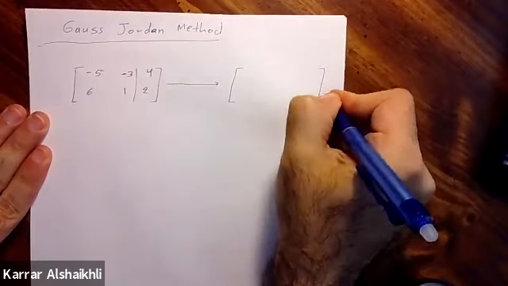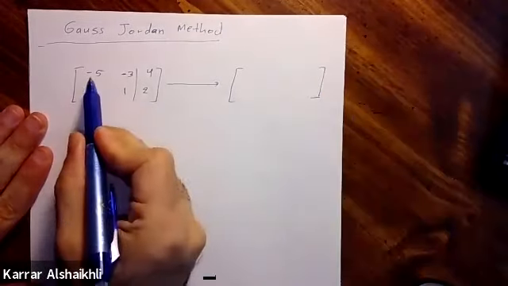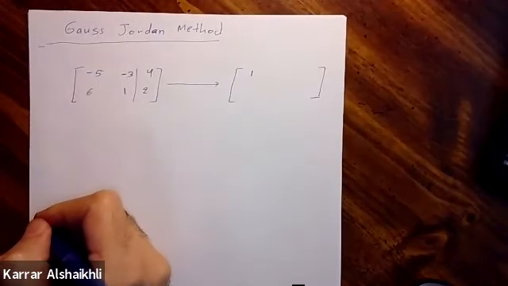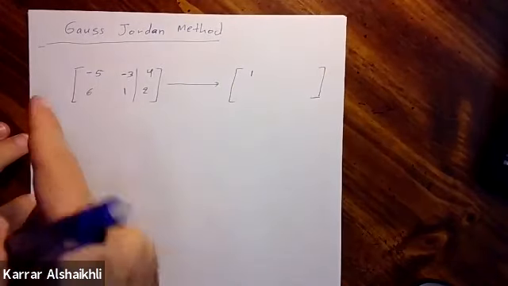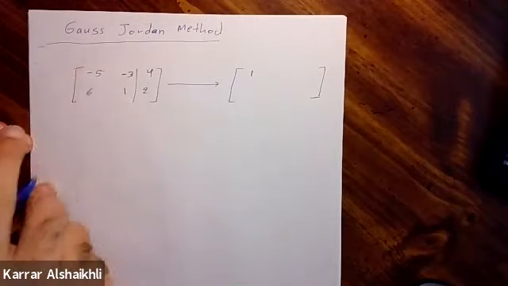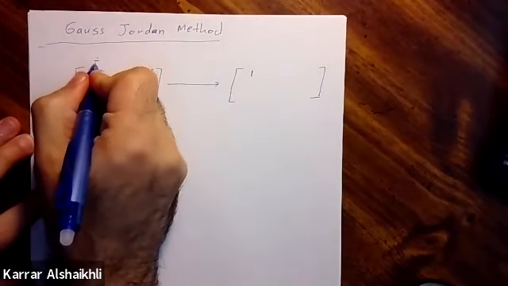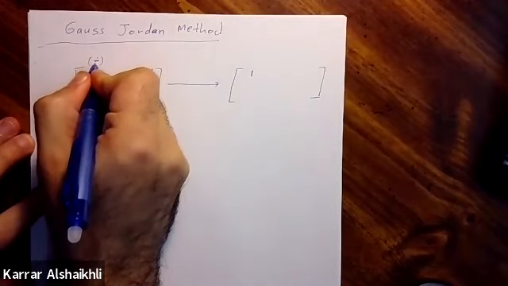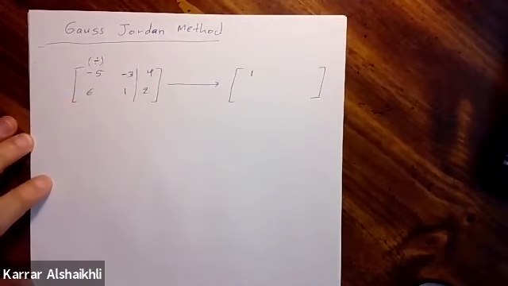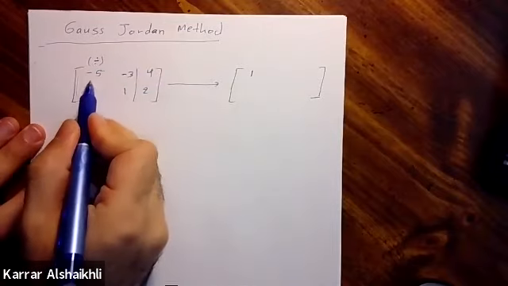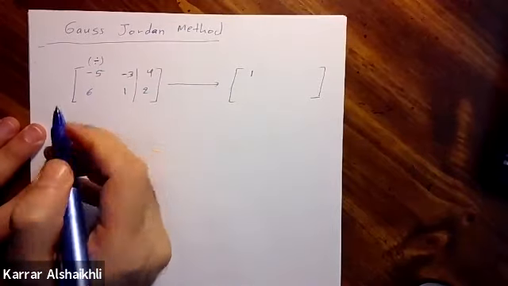By converting this number to 1. This is the first step. I'm going to convert this number to 1. How? By divide. And I'm going to show you. Then the next step, step 2, convert this number to 0.